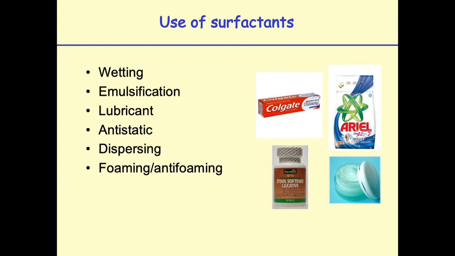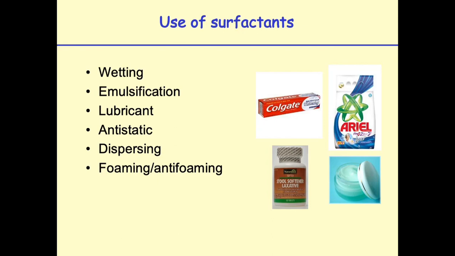Finally, I just wanted to highlight the many uses of surfactants, some of which we will come across in later lectures. Surfactants can be used for multiple different reasons in products because of the way they like interfaces.